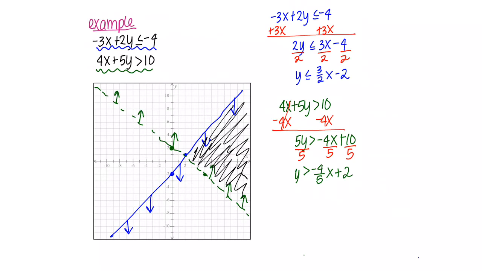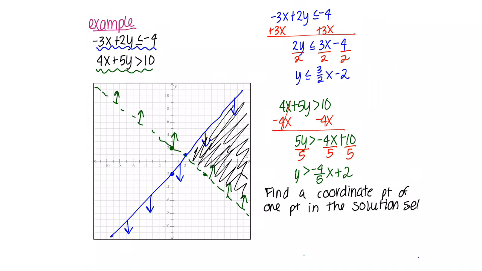Now, you might be asked on Alex to find a coordinate point of a point in the solution set. You might say something like, if it says something like this, you get to choose any point in this region, so in the shaded region.